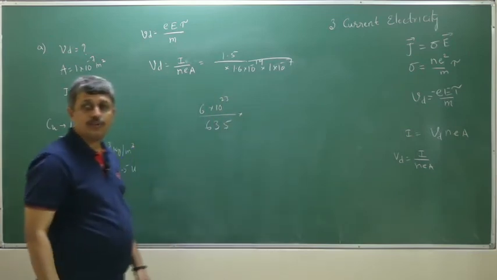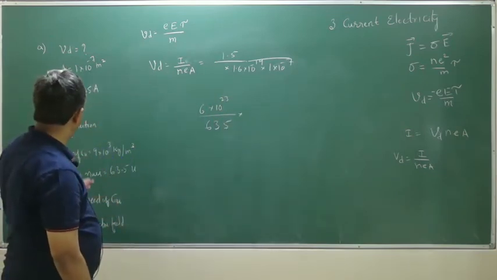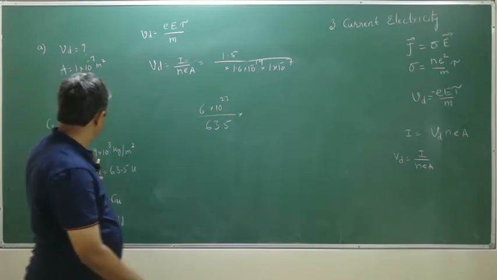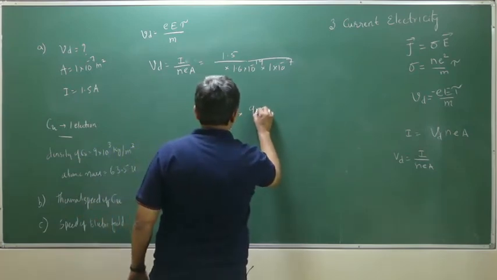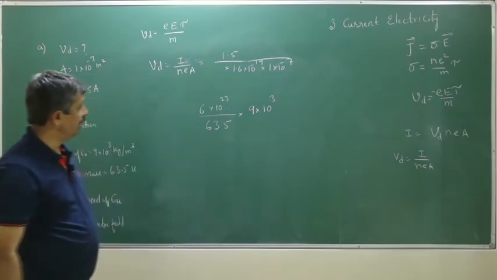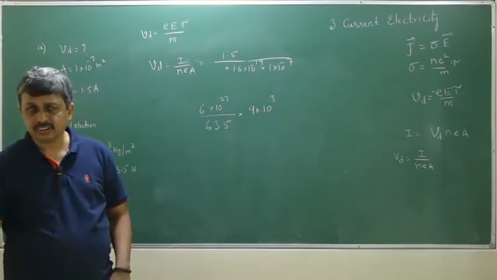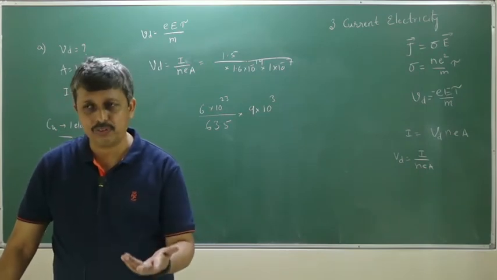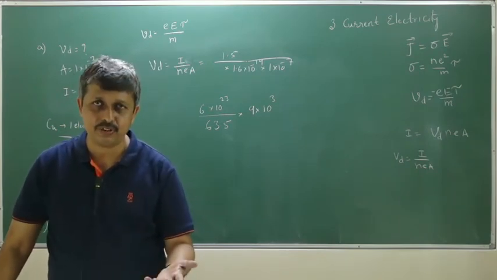So in one volume, how much do we have? They have given us the density of copper, 9 into 10 power 3. If you multiply that, you will get the number of atoms per unit volume, which is the same as the number of electrons per unit volume.